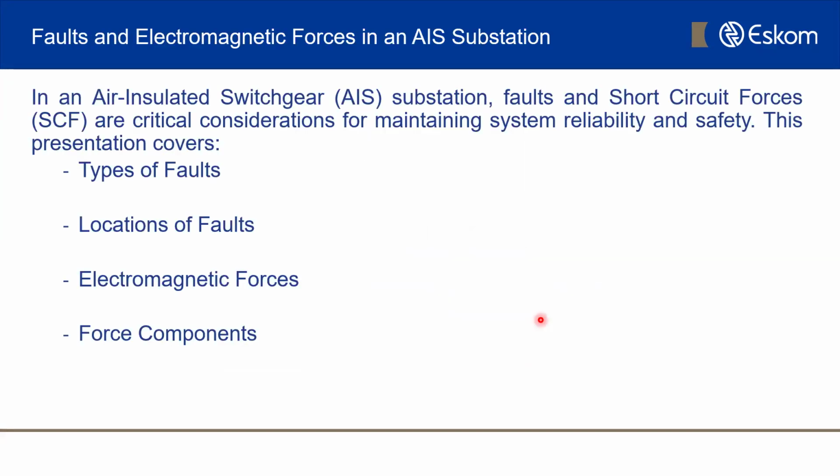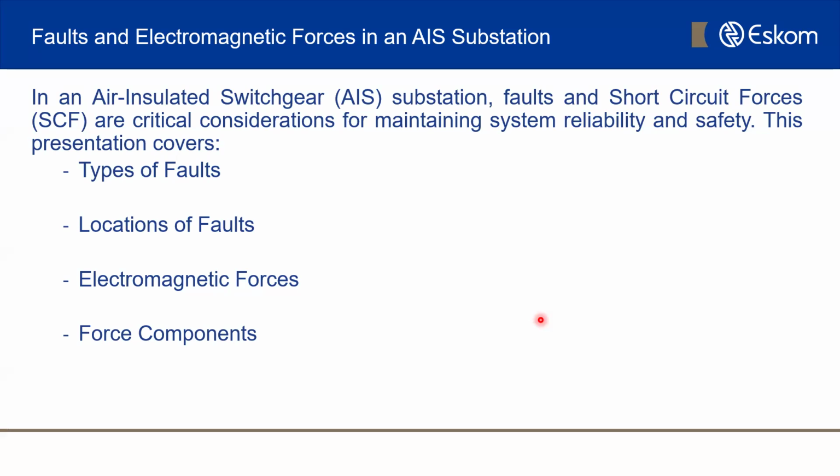We'll discuss some faults. A fault, as it says, is an error in the system which cuts off electricity. In an air insulated system, which is the substation we're discussing right now, where the substation is outdoor and air is used to insulate the three phases, any type of system has faults.